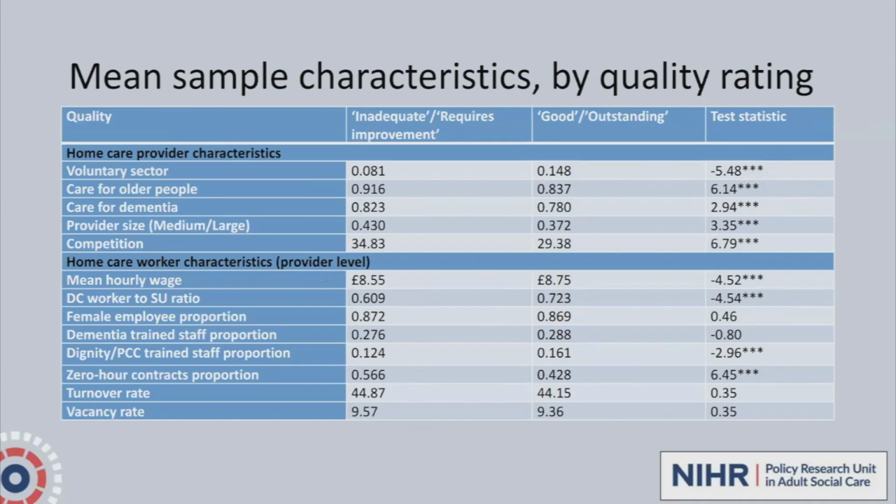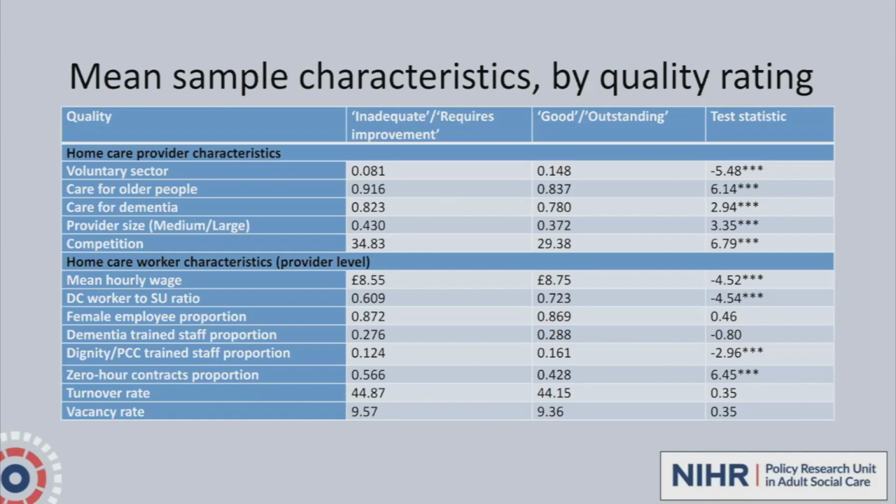Then we've got a simple univariate test of the difference in mean or proportion by quality rating of these characteristics. When not controlling for other factors, there are certainly some significant differences between lower quality and higher quality home care providers.